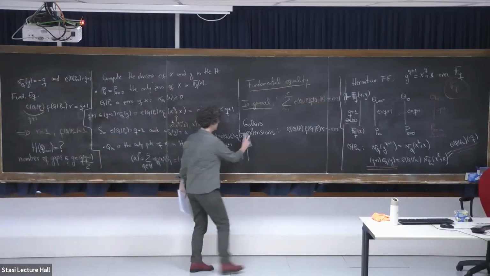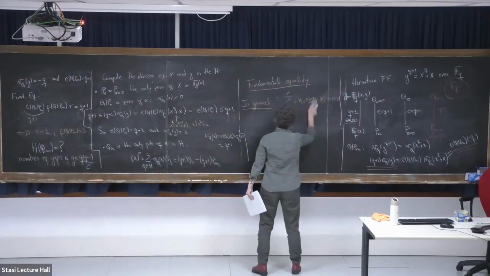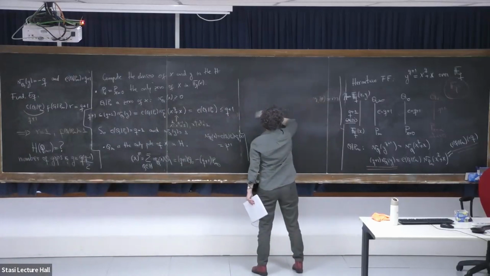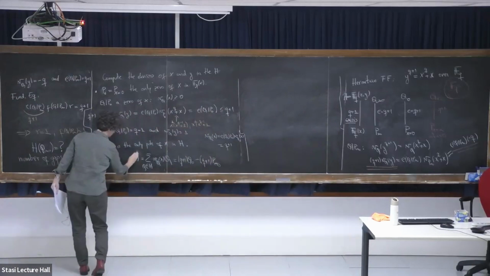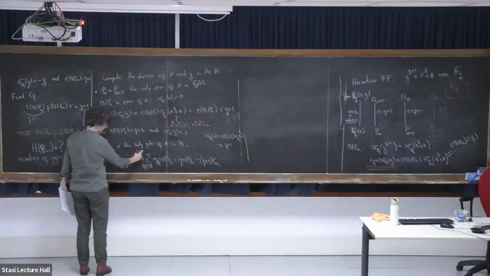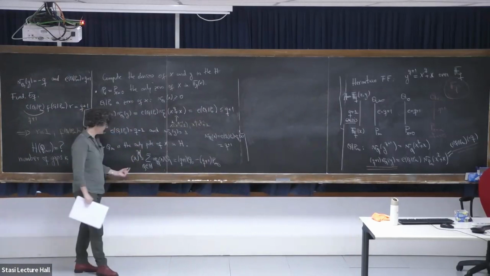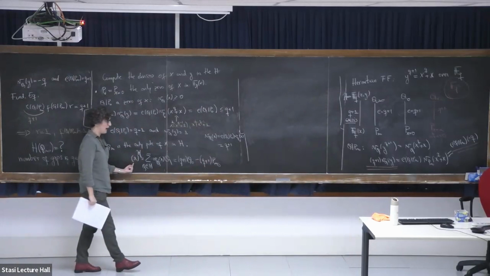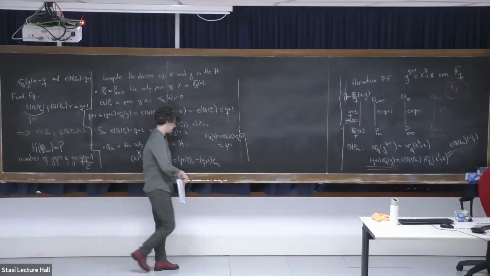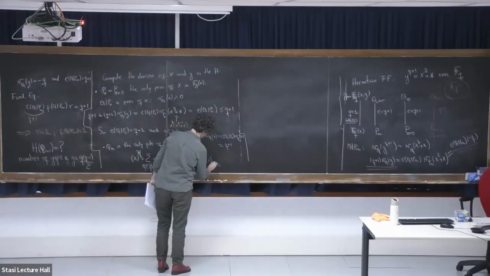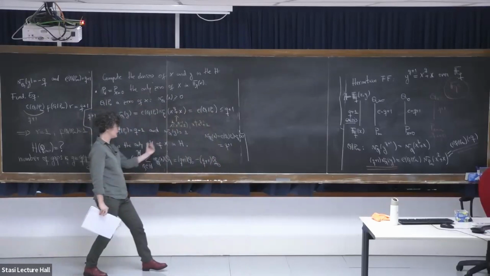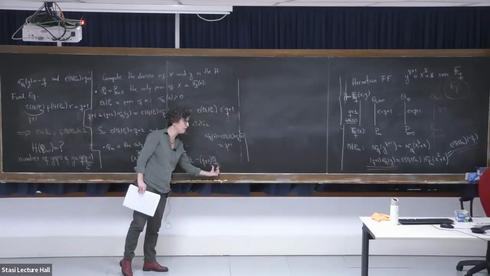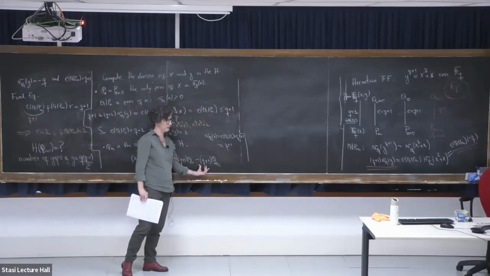We have computed the divisor of x in the Hermitian function field, and we see that this function has a pole just at Q infinity of order Q plus 1.